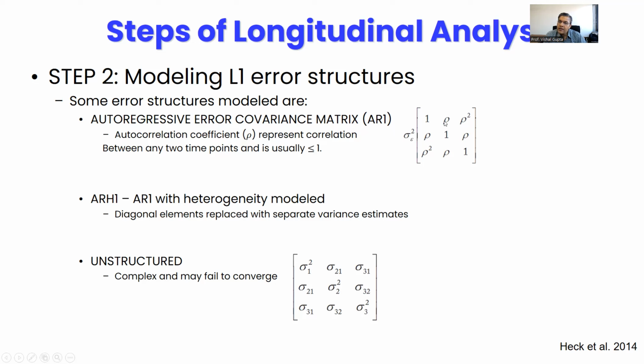So by computing one phi coefficient, the autocorrelation coefficient, and one sigma square E, you can model the entire AR1 error structure. So this is most reasonable, and you can say better, and if you add heterogeneity, then it becomes even more accurate and more realistic when we are doing our model.